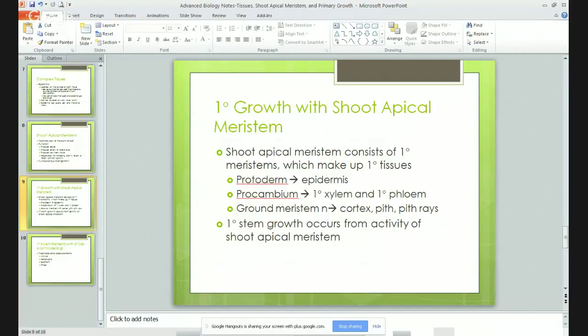And eventually you get that little indent there in pictures 2 and 3. What eventually ends up forming is you get these, what I would call appendage growths almost, which are lateral buds that are forming. And your shoot apical meristem is there in the middle. So those lateral buds would potentially become branches.